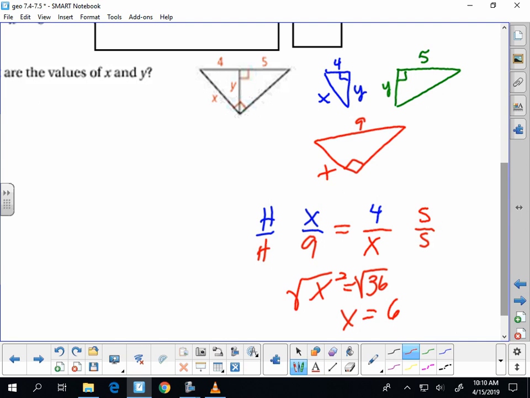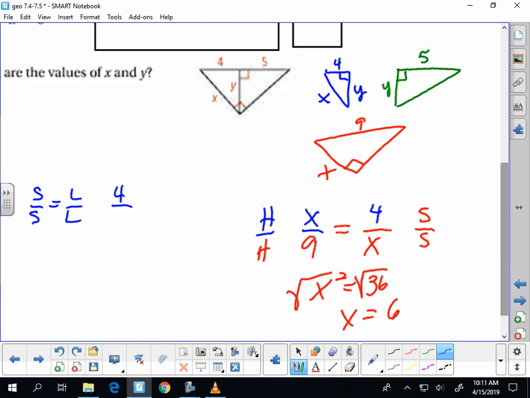What, the green one, the medium one, right? So I'm going to do small and medium. So I need blue. If I start with short over short, I want to set equal to long over long. So short of the blue triangle is what side?